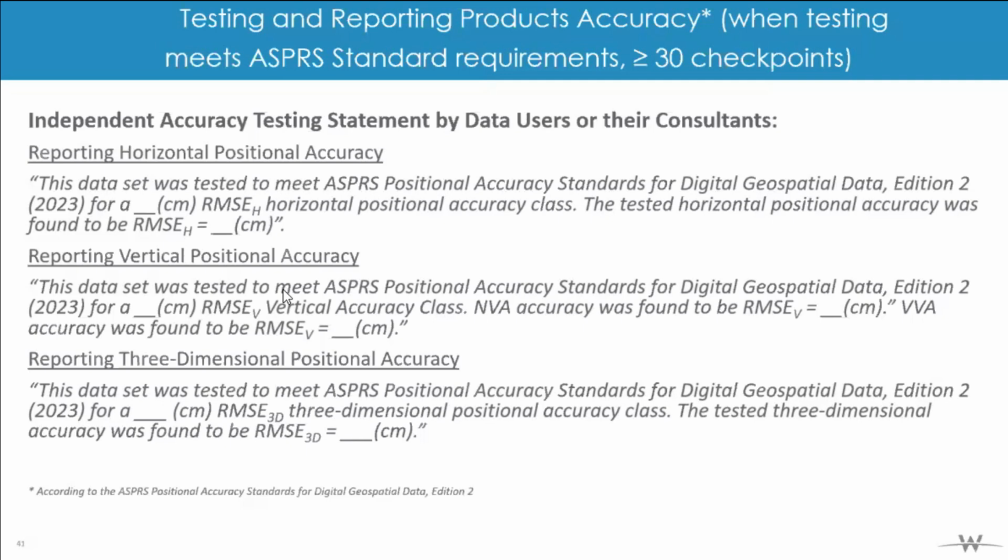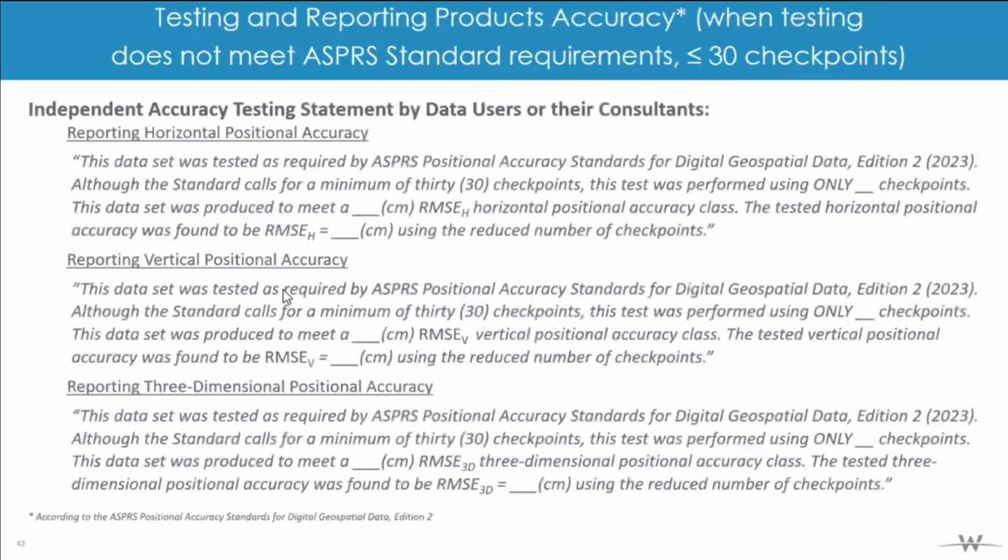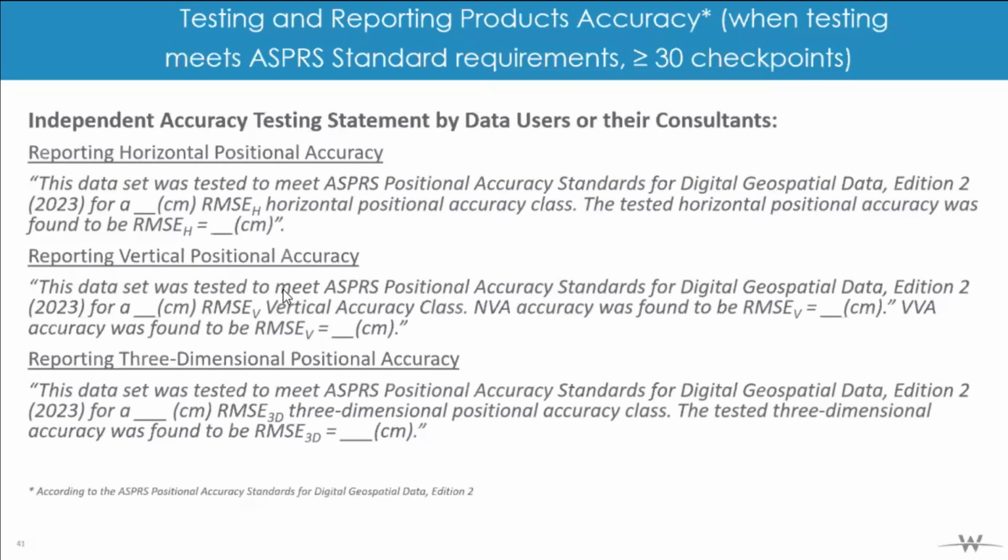The tested horizontal positional accuracy was found to be this much. So the statement is declaring this data is supposed to meet this accuracy, but the actual accuracy we found it to be meeting is this much. Same thing for the vertical and the three-dimensional accuracy, for example.